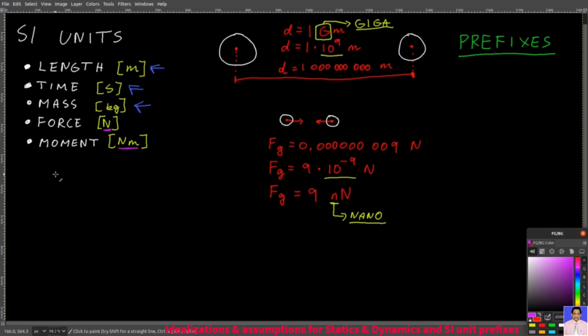And so here you have the most common SI prefixes. 10 to the power of 9, that's called giga, and this is the symbol. Then 10 to the power of 6, that's called mega, and the symbol is this.